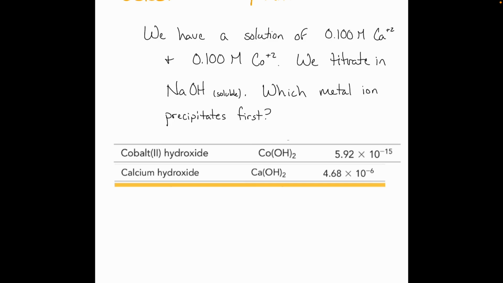If you just look at that Ksp expression, it's the product of the ions in that reaction. And so the lower the number, the smaller the Ksp, the less soluble.